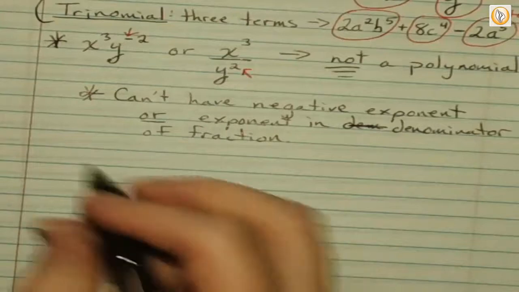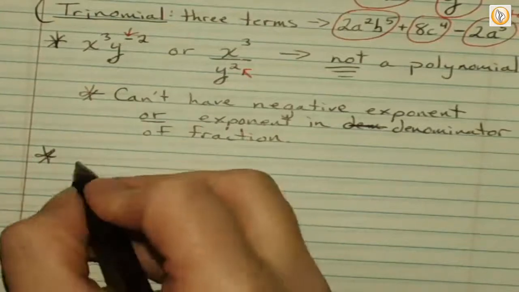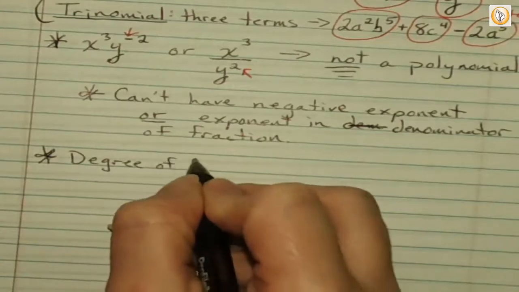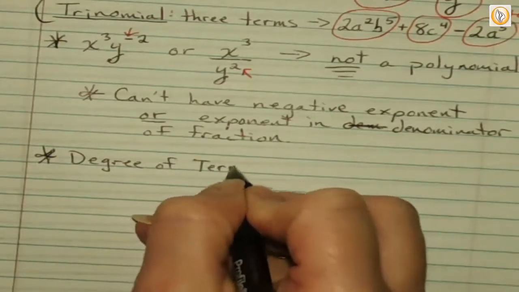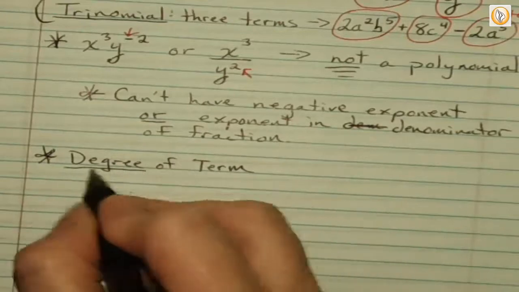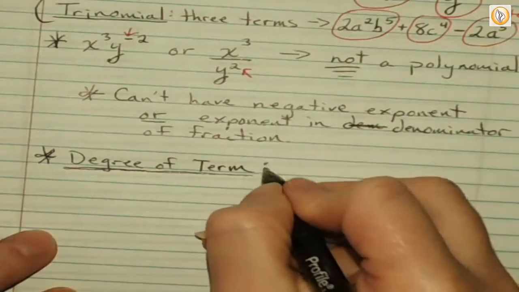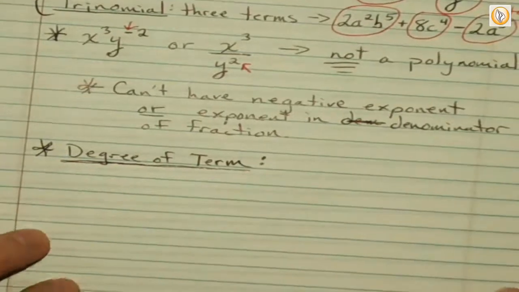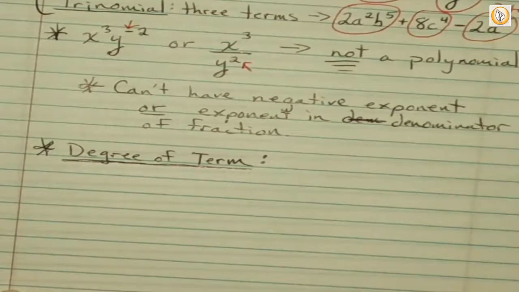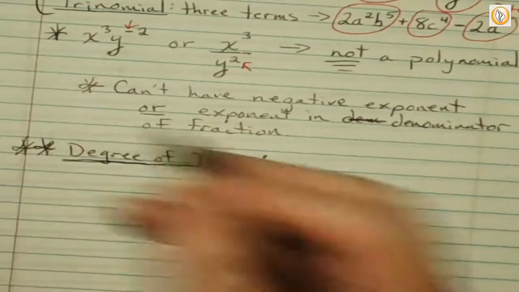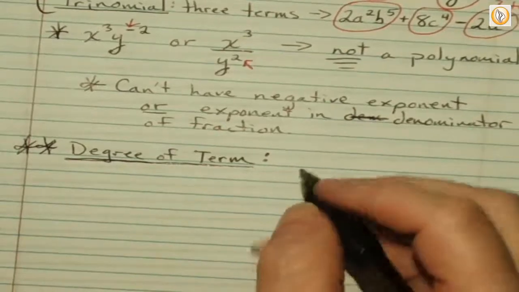Okay, so now we're going to learn about degree of terms. All right, this is interesting. It's not difficult, but it's hard to remember what the rules are. Degree of term. When they say, what's the degree of the term?